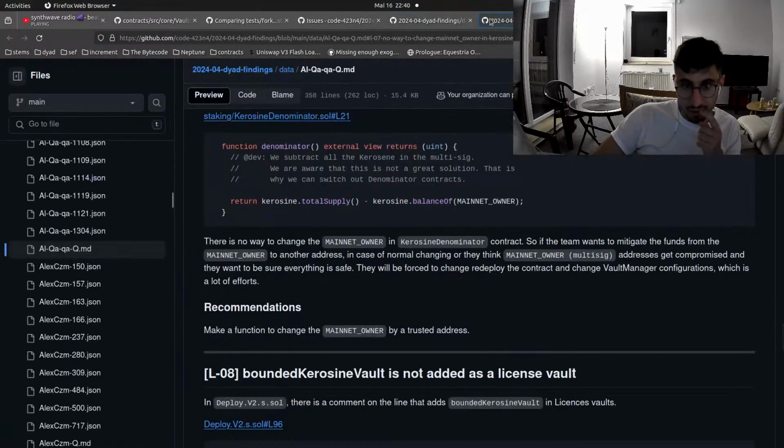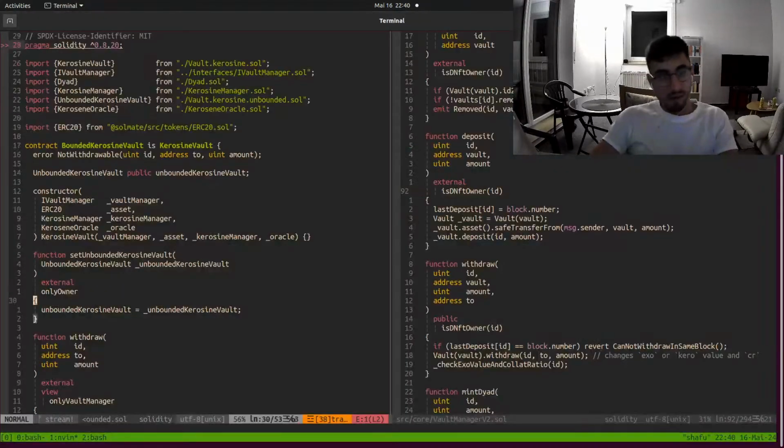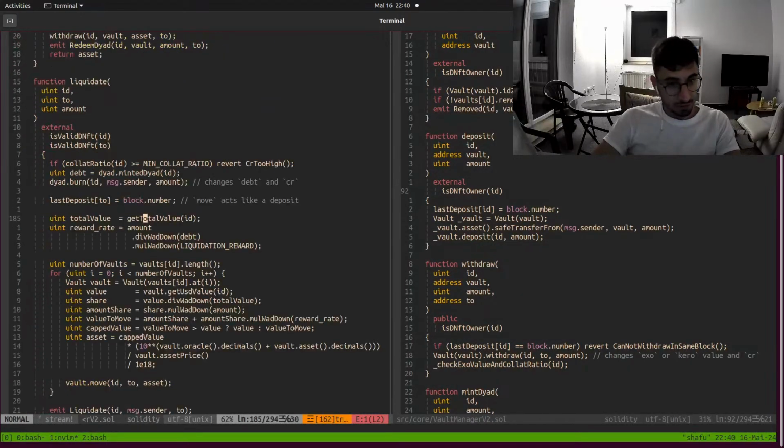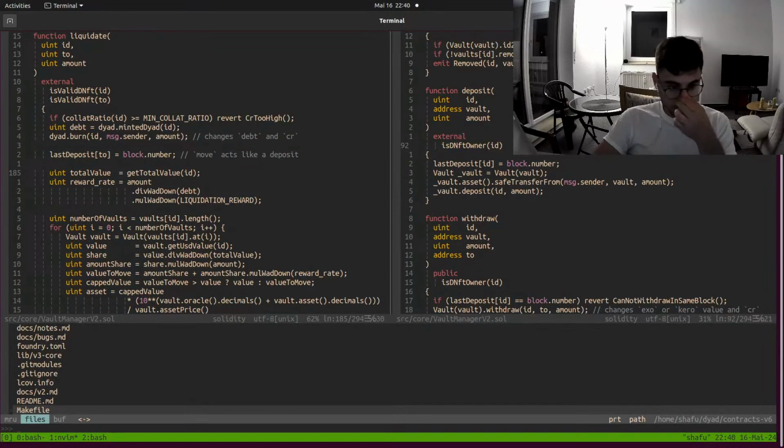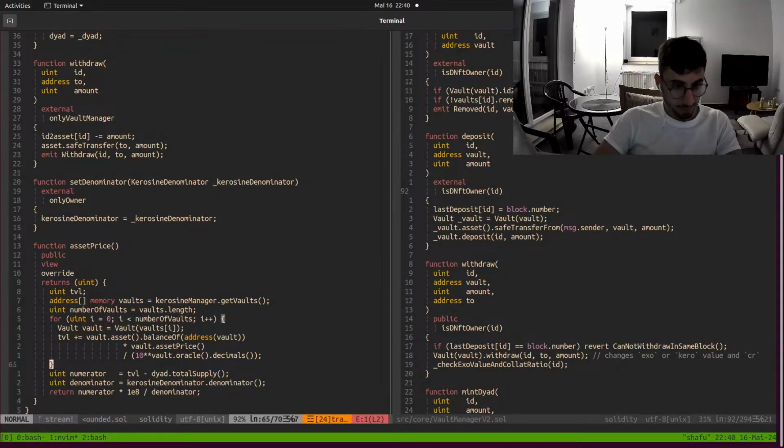Kerosene denominator? Yep, but we can change out the whole contract. Kerosene denominator here.